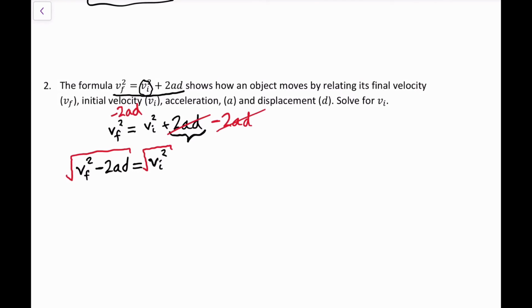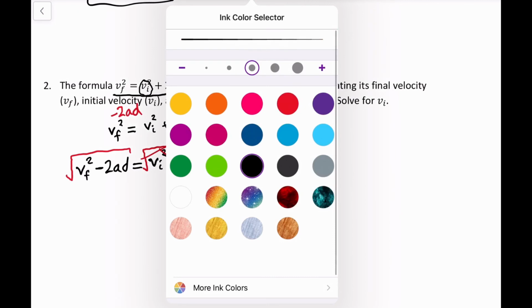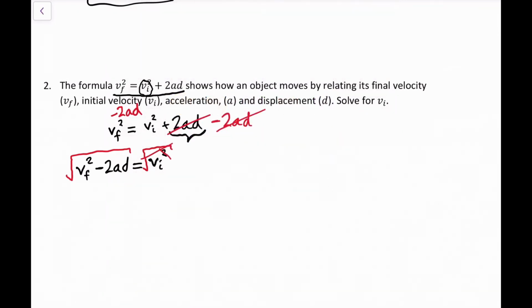And so if you remember the rules with square roots, you're going to have to do it to everything all at once. So the squared is going to cancel with the square root. I always like to cross things out so that I know I've done things right. So the square root of Vf squared minus 2AD is equal to Vi.